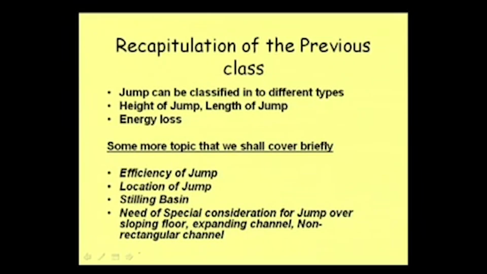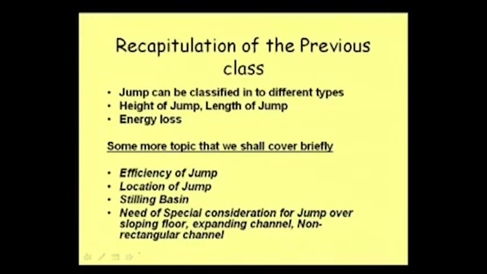Well, let us first see what we did in the last class. We covered the jump and how the jump can be classified. Then we were discussing the height of jump and the length of jump, and how we should measure them. We should try to do it as precisely as possible, though it is difficult in the laboratory also.